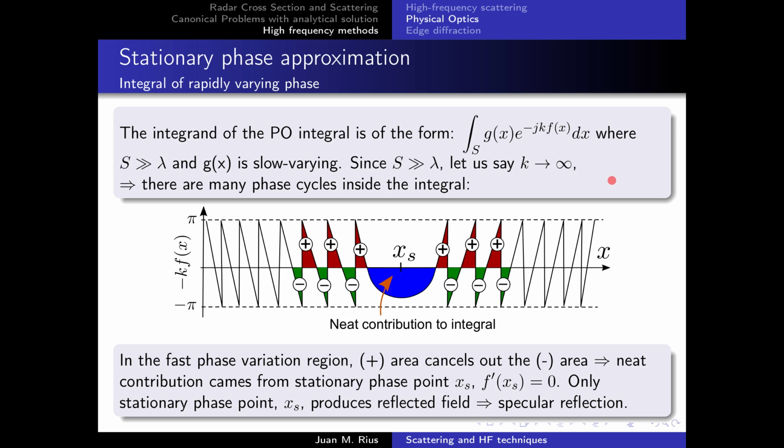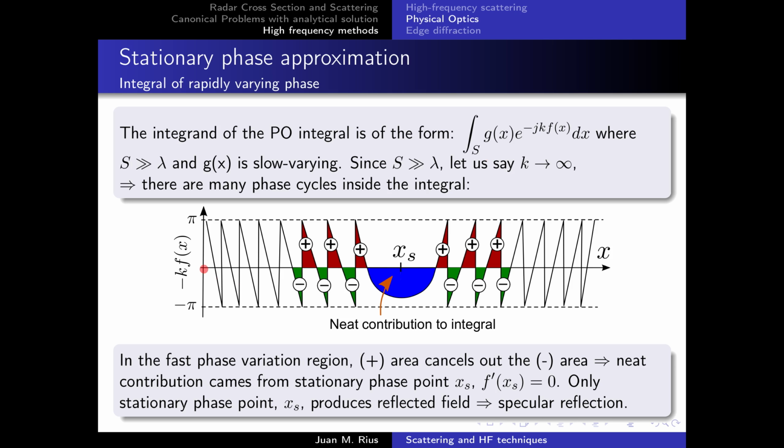And we summarize this as k goes to infinity. In this case, the phase varies so fast, and the size of the object is so large compared with the wavelength, that there are many phase cycles within the region of integration.